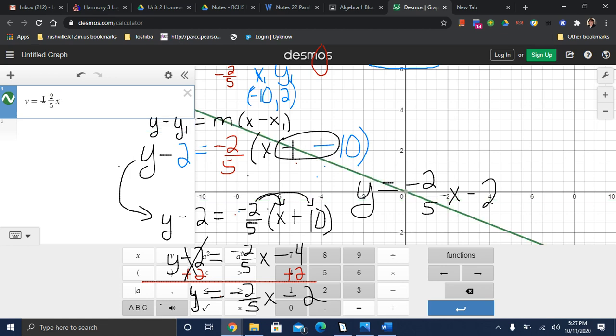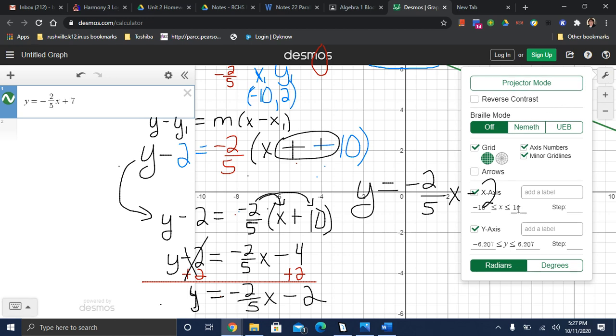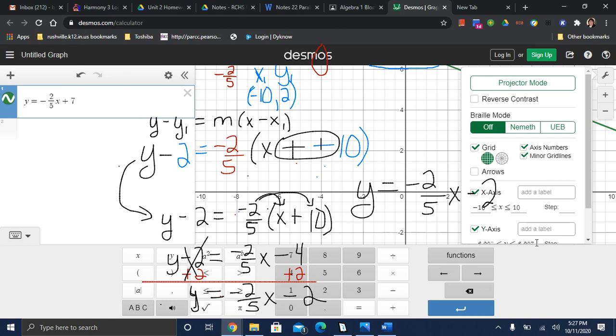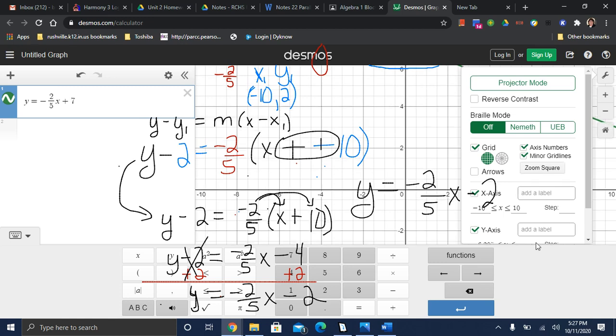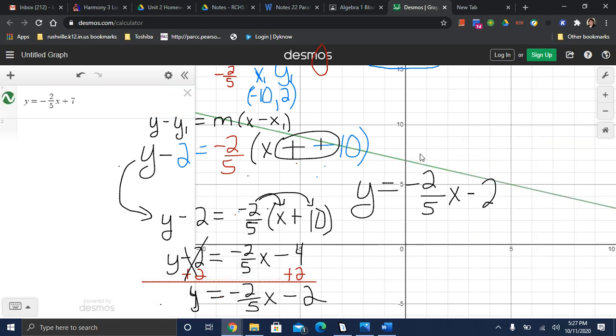And my first one was plus 7. And I'm going to change the settings a little bit here so that you can see what's happening. Let me go up to 15. There you can see that graph.